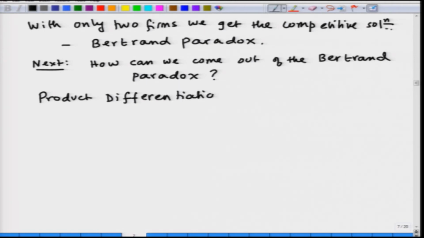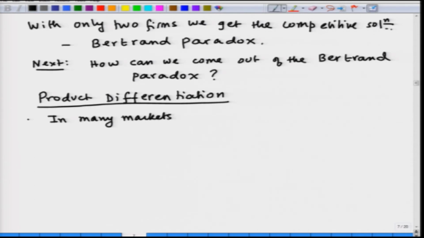So, this is the first time we would introduce this notion of product differentiation in the context of an oligopoly model. The reason we want to bring in this feature is that in many markets there are products which compete with each other and are not perfect substitutes.